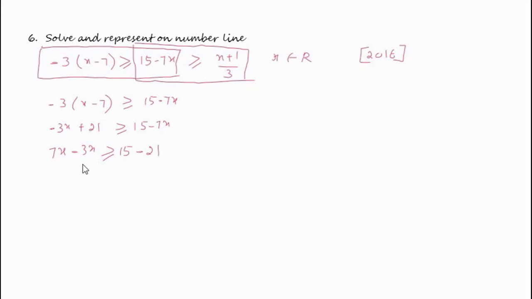So 4x greater than or equal to minus 6, x greater than or equal to minus 6 divided by 4, 2 times, this is 3 times, x is greater than or equal to minus 3 by 2, x greater than or equal to minus 1 by 2.